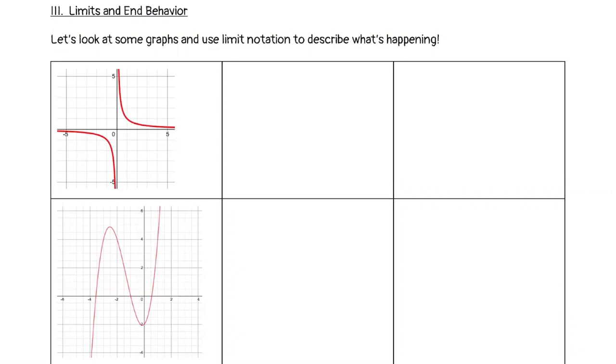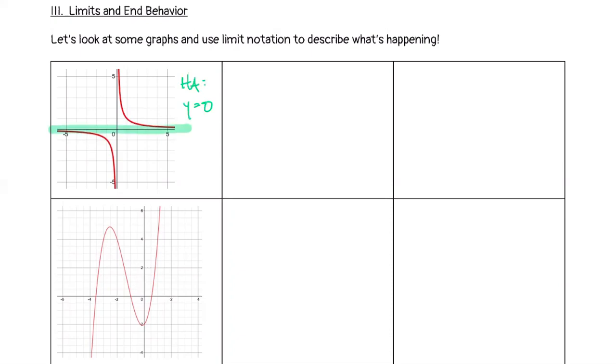And if so, where is it located? Okay, so I see one yes, that there is a horizontal asymptote at y equals 0. And if we drew that in, it would look like that, right? And we could say that we have a horizontal asymptote at y equals 0, okay?